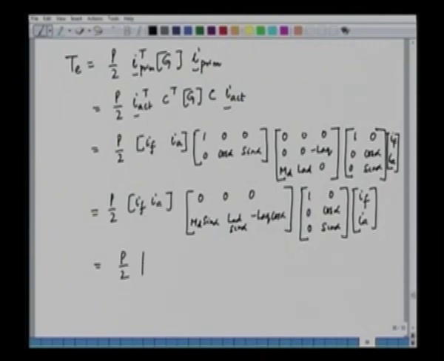So, what we obtain here is that MD sin alpha IA, LAD minus LAQ by 2 into sin of 2 alpha into IA, and post multiply with IF and IA.